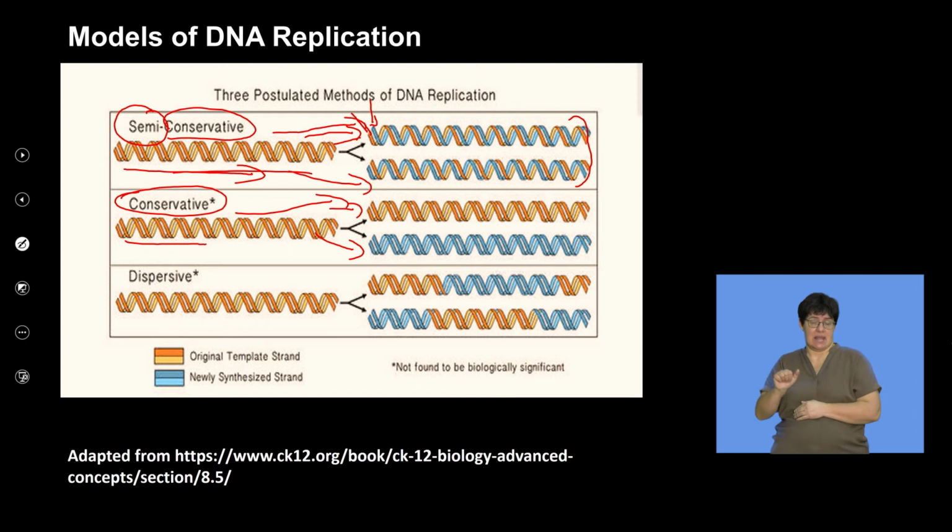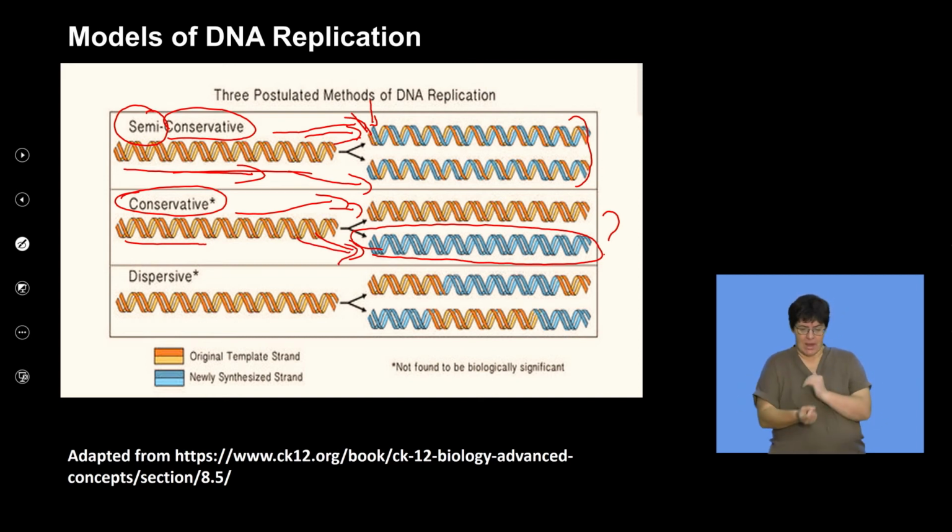This is an entirely new molecule made up of entirely newly synthesized nucleotides put together into DNA. Scientists have rejected this because of the frequency at which mutations occur: this is possibly a model that would create a lot of faults in the DNA, essentially lots of mutations.